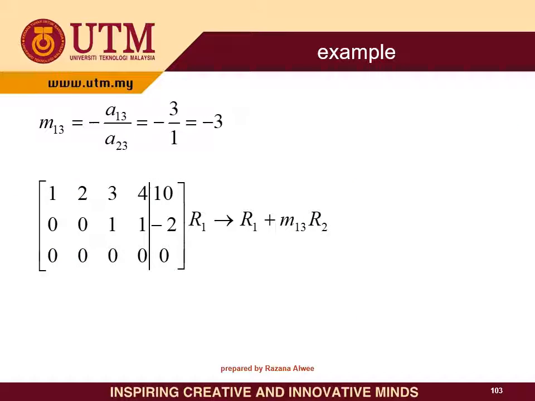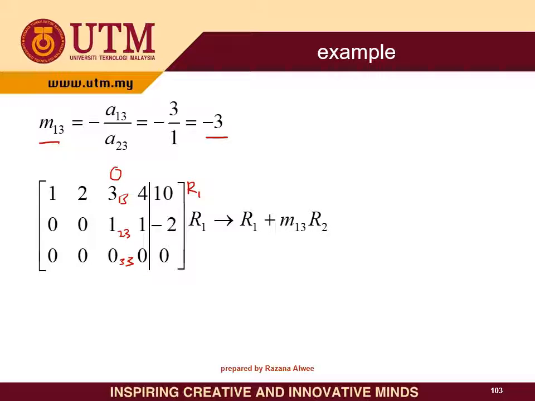And then we need to change M13. So this one is M13. This is 2, 3. This is 3, 3. So, how to change this one to become 0? So we need to multiply by -3 and change R1.